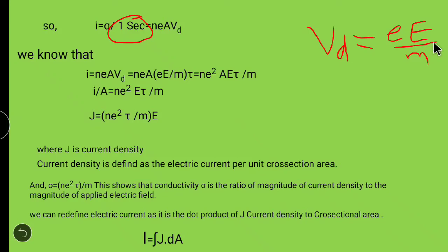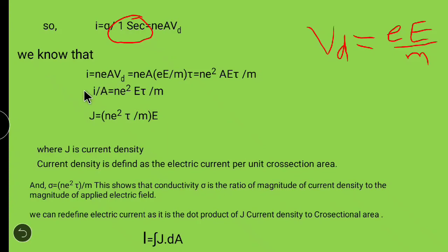So this value I have kept here. So we have got nEA, bracket, this is the value of Vd. So finally we have got nE square A capital E tau upon m. So students, we have sent A to the denominator of I. So I upon A is equal to nE square capital E tau upon m.